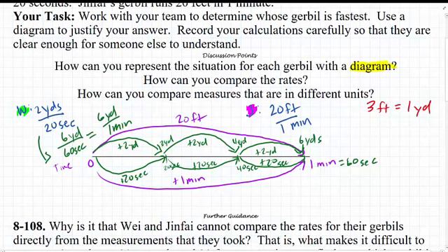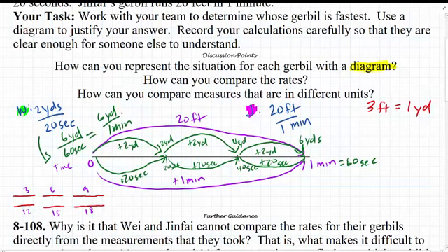If each yard is 3 feet, okay, 1, 2, 3, 4, 5, 6. If each yard is 3 feet, and each of these reds is a yard, well, we have 3 feet, 6 feet, 9 feet, 12 feet, 15 feet, and 18 feet.